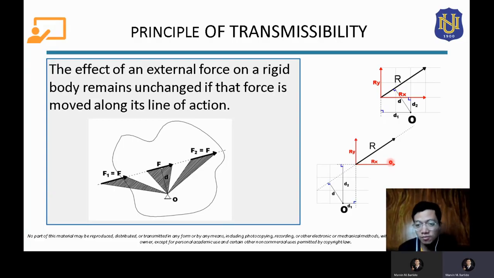We can transfer your force and your component forces, as long as you transfer it along the line of action of the force, and it will remain unchanged. We're going to use this principle frequently in our course, so you have to really understand it.